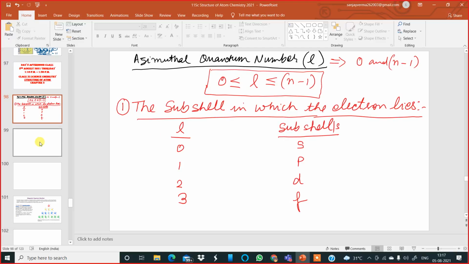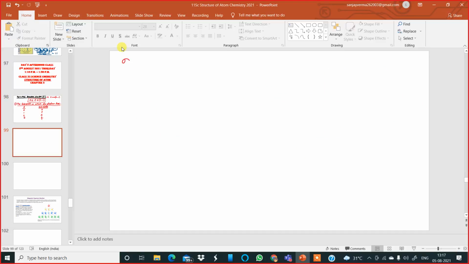After that, next point number 2. The azimuthal quantum number tells us about the number of subshells present in a principal shell.